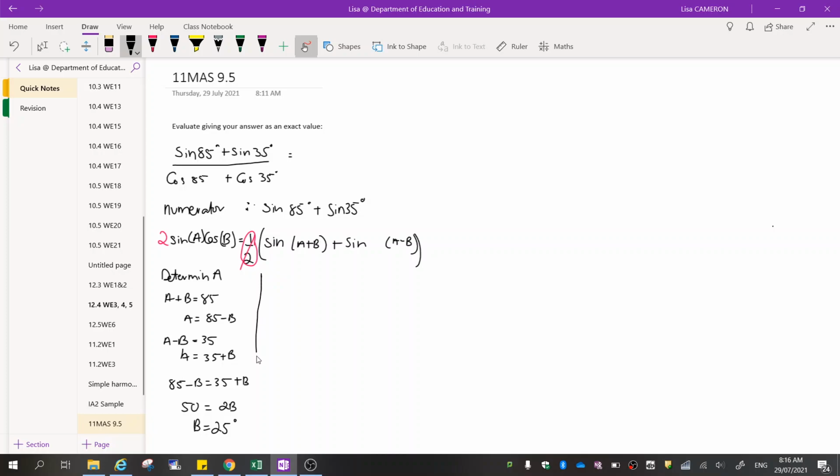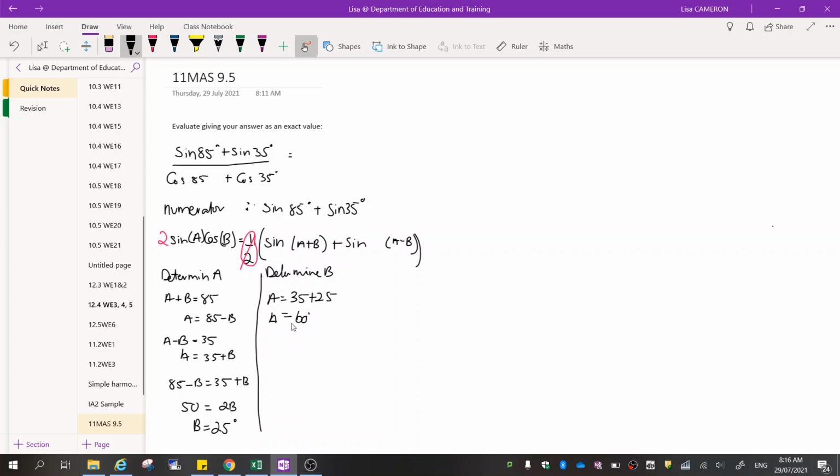Now I can determine the value of A by substituting my value of B into any of these equations. I'll throw it in this one. A equals 35 plus 25 equals 60.